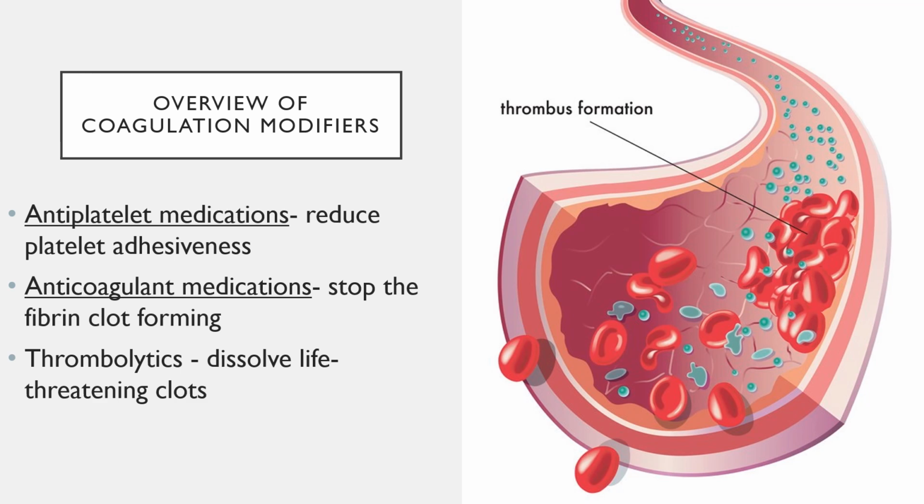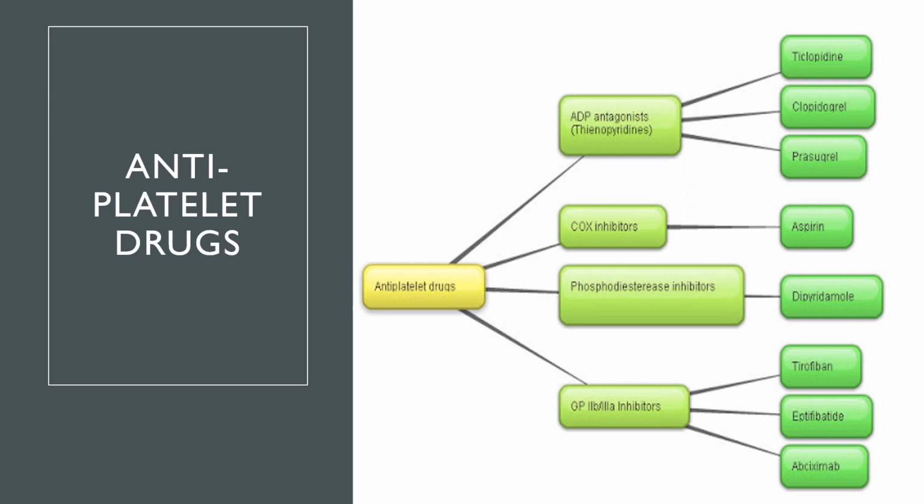Okay? And lastly, thrombolytics, we'll talk about those. We've already mentioned them, that they are used in emergencies to break down a clot in a heart attack or a stroke. Okay, so when we talk about antiplatelet drugs, the idea is not to look at this slide and try and memorize it.